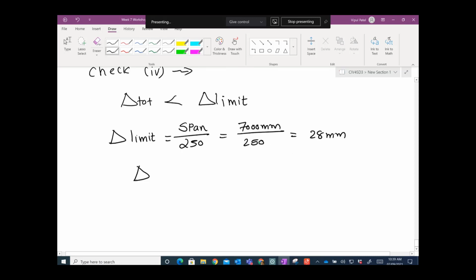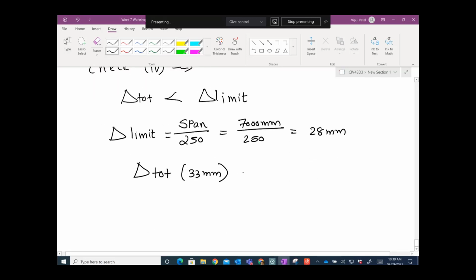So your delta total, which is 33 millimeters, is greater than the delta limit of 28 millimeters, therefore it is not okay. The deflection check, the service check, does not pass. You need to redesign your beam.